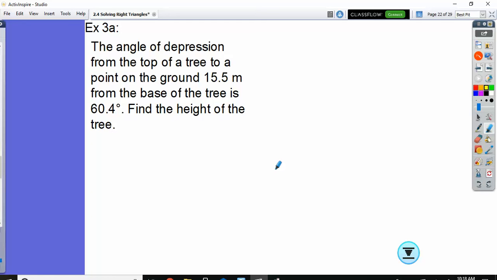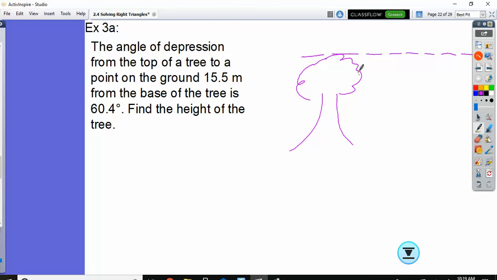Draw a picture. If I'm just trying to look at it, that really doesn't make much sense. So let's draw a picture. We have an angle of depression, so that's from a horizontal down. We're talking about the top of a tree. So here's my beautiful tree. I need a horizontal at the top of the tree.